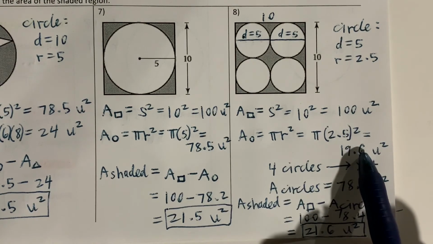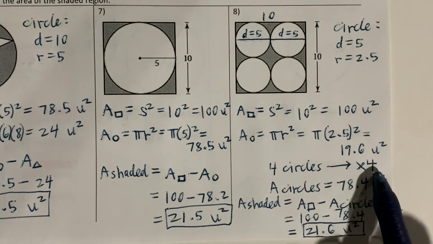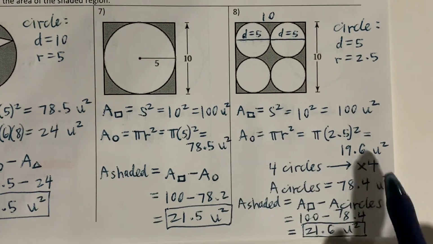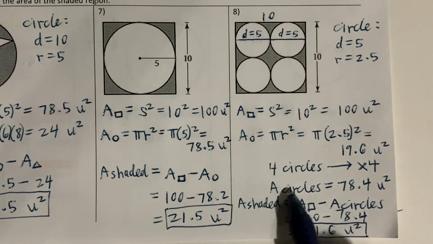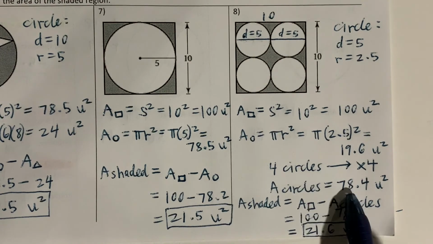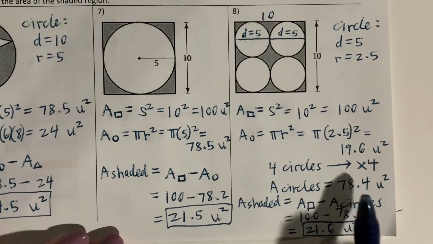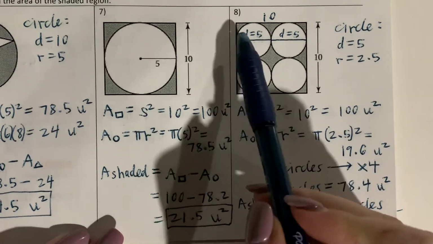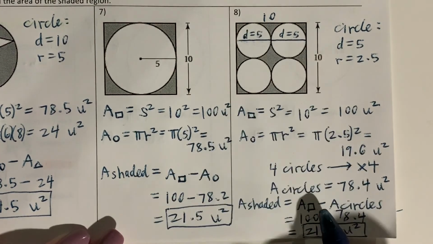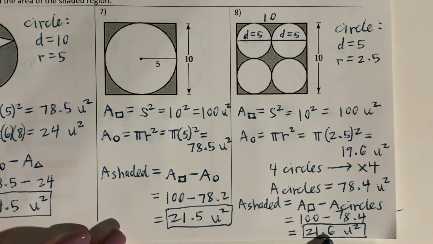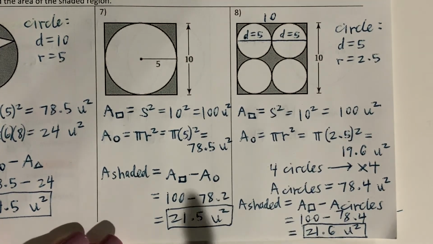So I took this 19.6 and I multiplied it by 4 because we have 4 circles. And once I times it by 4, then I said area of circles plural is 78.4 square units. So then lastly, area of my shaded region is area of the square minus the area that I found for the 4 circles. And I ended up getting 21.6 square units.